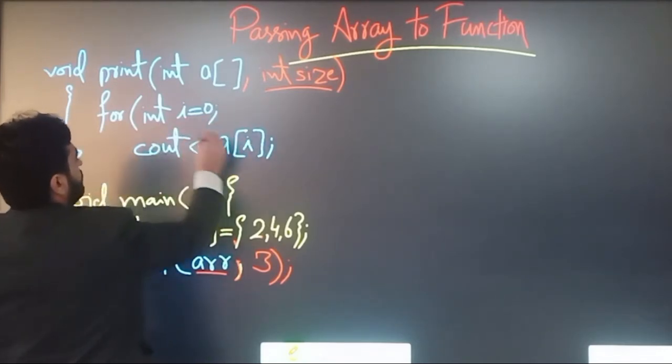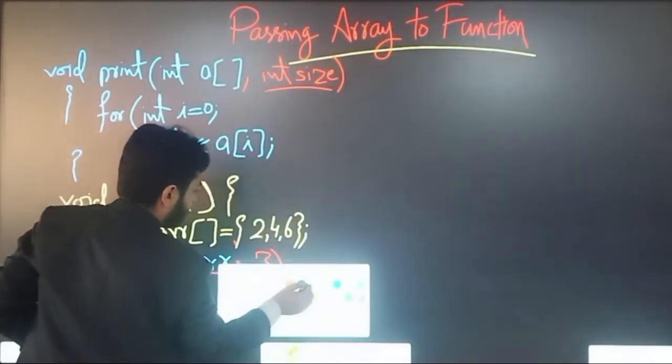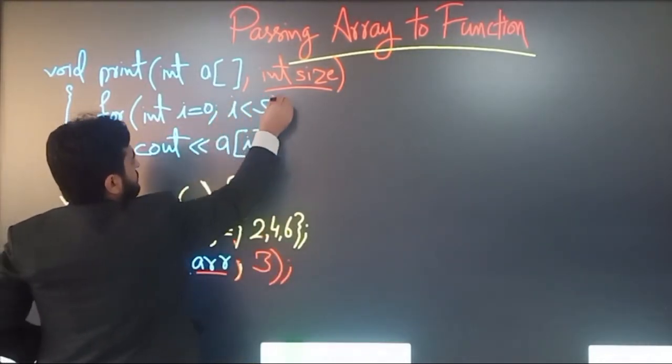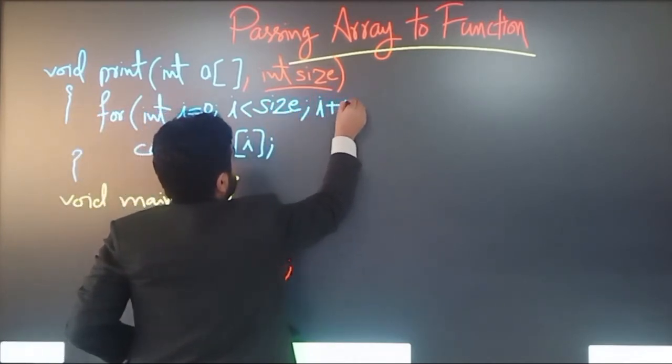We need to control our for loop here just by writing while i is less than size and i plus plus.